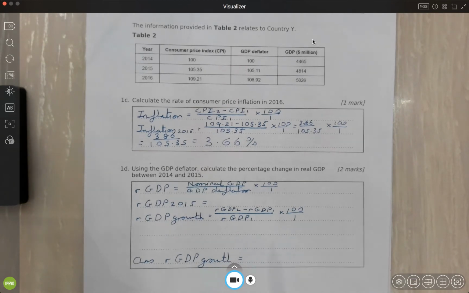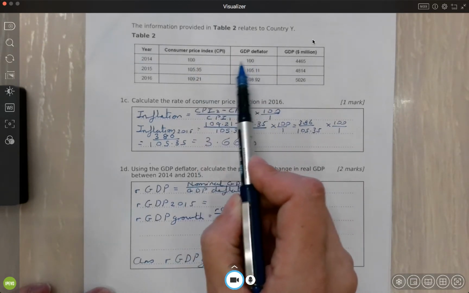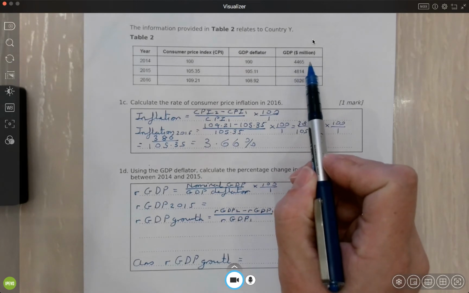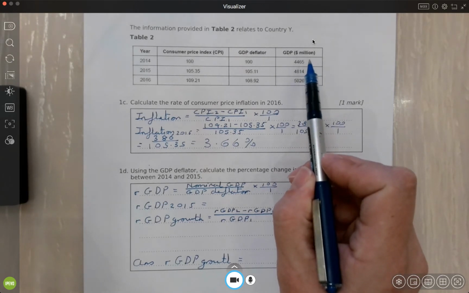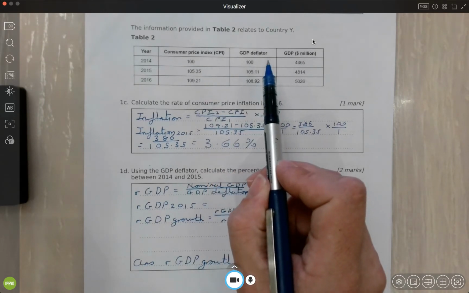Now this is a little bit of a cheat, because if we look up here and we see the GDP deflator is 100, so whenever you see either the consumer price index or the GDP deflator being 100, that means all prices are being compared to the prices that existed in that year. So you don't need to work out anything, because nominal GDP and real GDP are always the same when whatever deflator we're using, either the CPI or the GDP deflator, is 100.